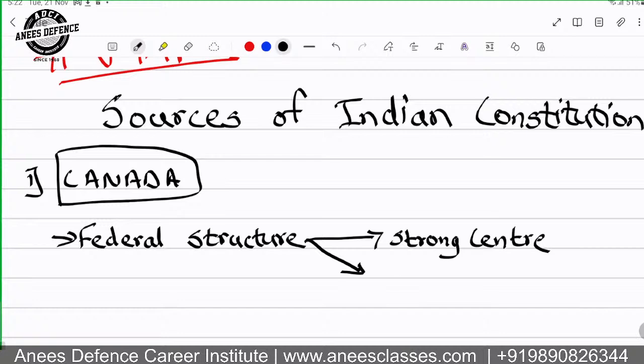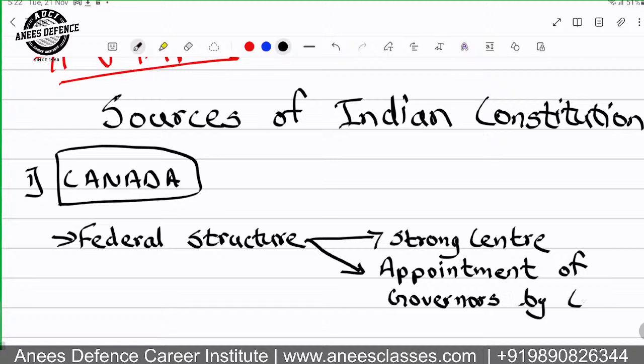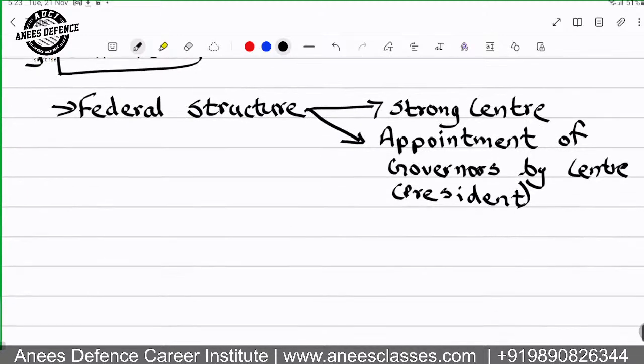Strong center and governors are appointed by the center. Actually, the president appoints the governors, but whenever the president is mentioned, it indirectly means that the council of ministers does that function.